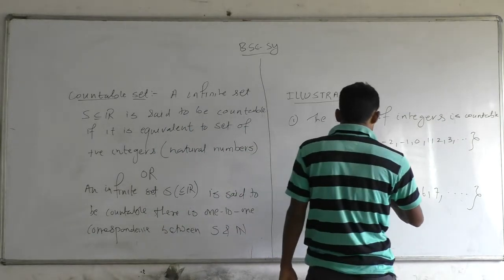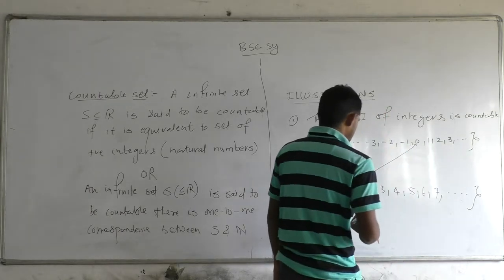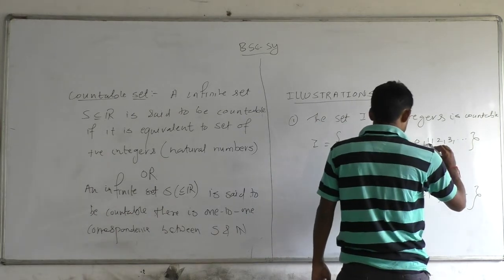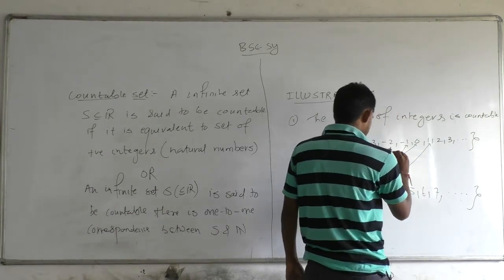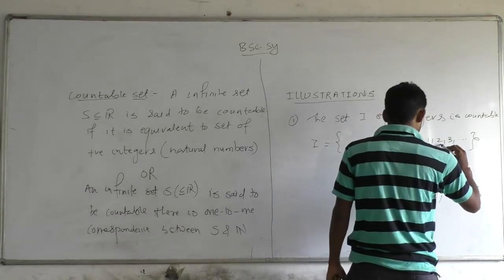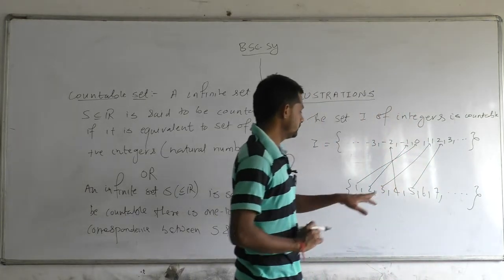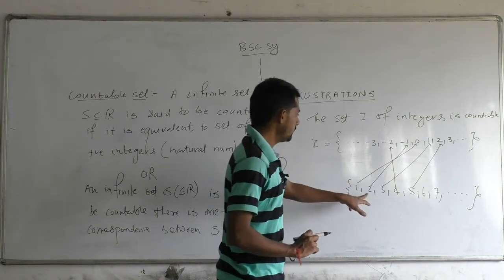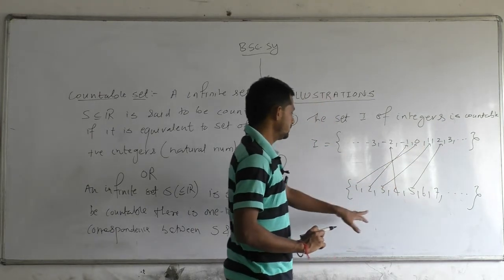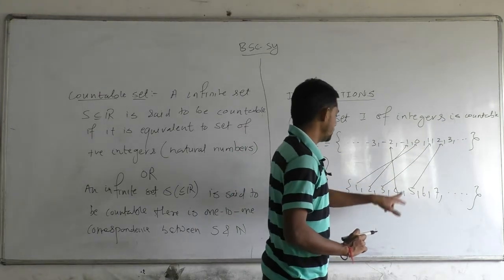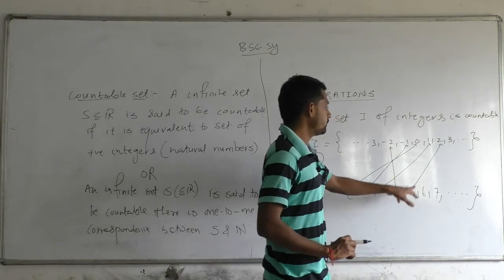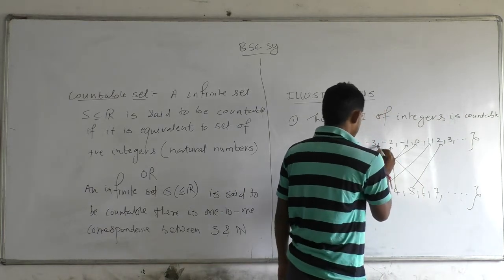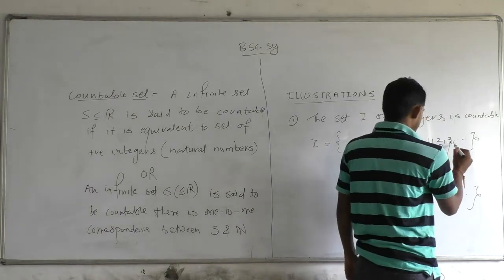We map 1 to 0, 2 to -1, 3 to 1, 4 to -2, 5 to 2. So we can find a map such that the image of 1 is 0, the image of 2 is 1, the image of 3 is -1, the image of 4 is -2, the image of 5 is 2, the image of 6 is -3, and the image of 7 is 3, and so on.